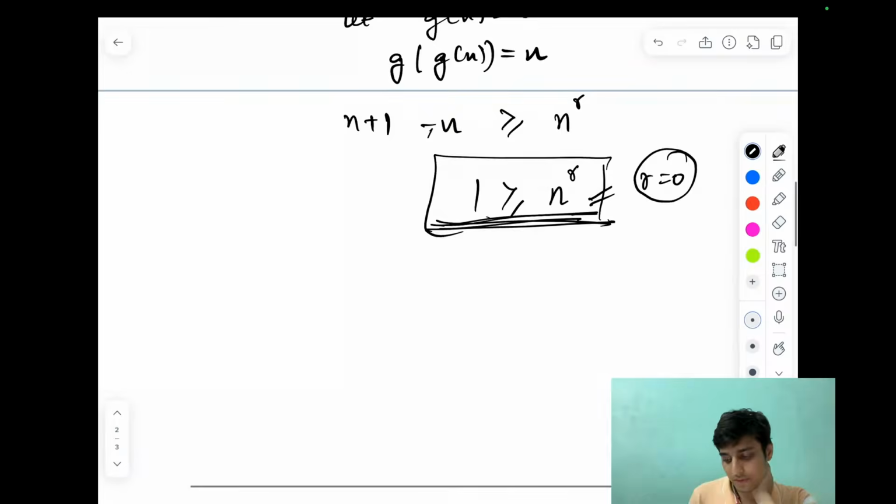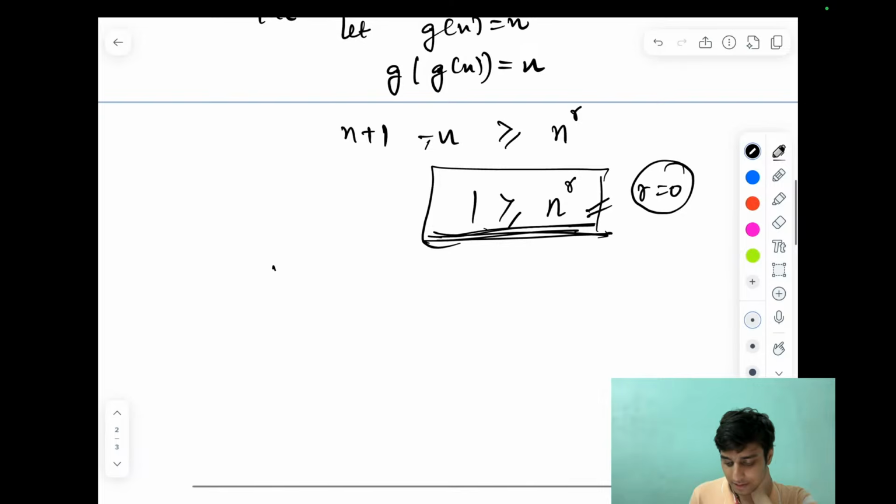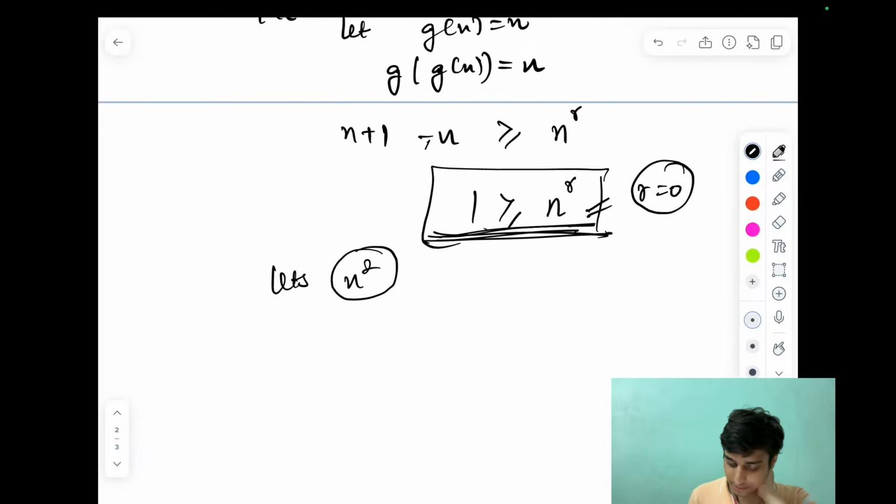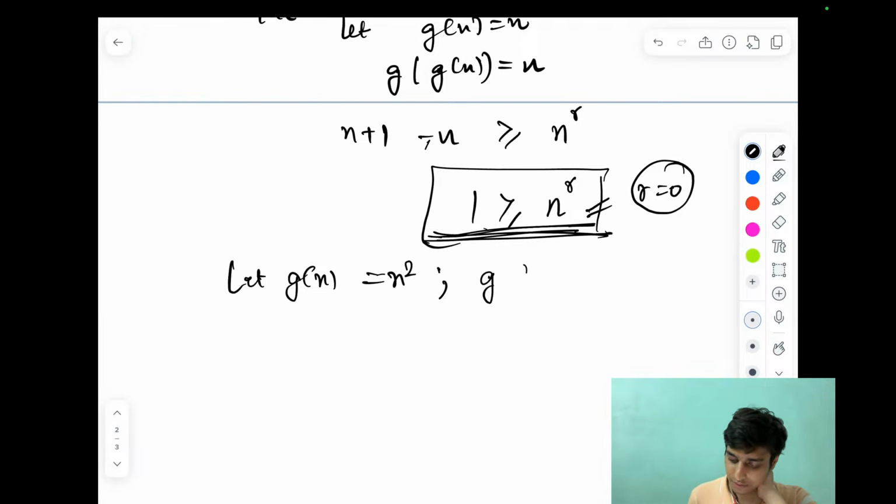So let's go to the format of n to the power s. Let's take n squared. If we go by this rule, if I say g of n to be n squared, then g of g of n would be n to the power 4.